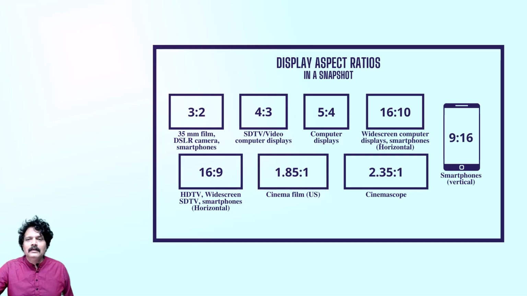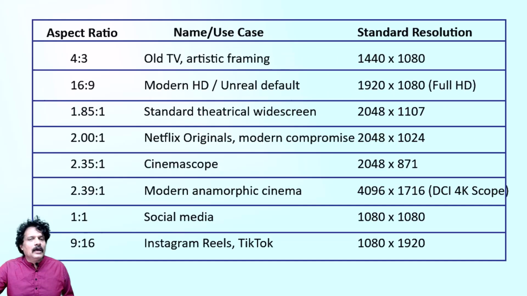For example, in the old 35 mm cinema and all the old tube TVs, the aspect ratio was 4:3, meaning 4 times the width, 3 times the height. The standard resolution usually would be 720 into 576 in broadcast, and in other cameras we used to get a resolution of 1440 into 1080.